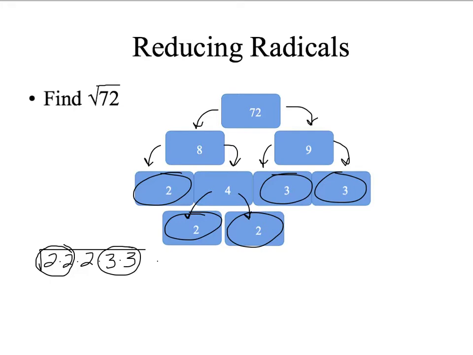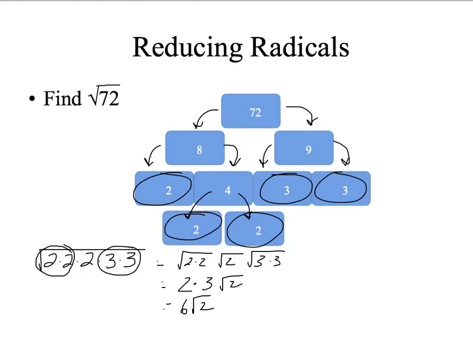So the square root of 2 times 2 is 2, and the square root of 3 times 3 is 3. And we're left with just a prime number under that square root. So the square root of 72 is really 6 times the square root of 2.